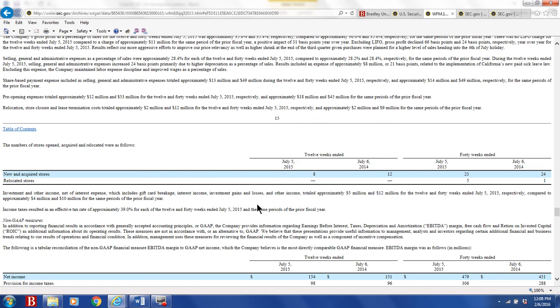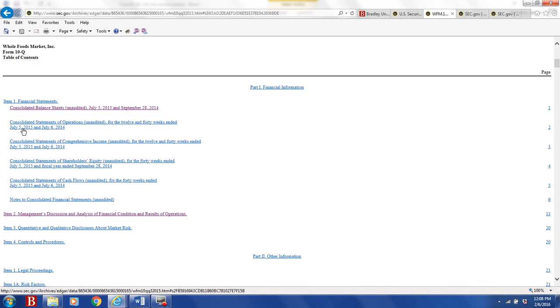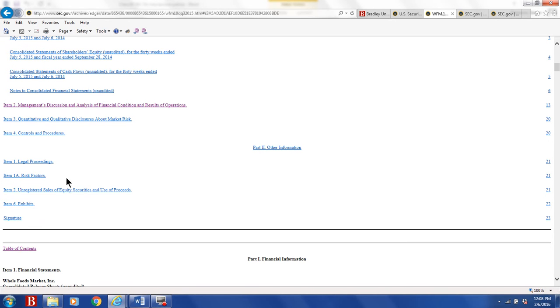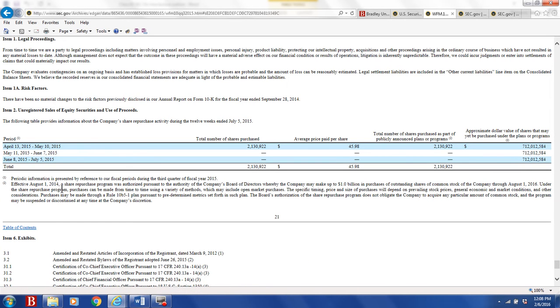The third area is legal proceedings. And so when I move the table of contents to legal proceedings, we see here kind of a brief discussion of that. In this case, it says that it is accounted for in the other current liabilities section of the balance sheet.